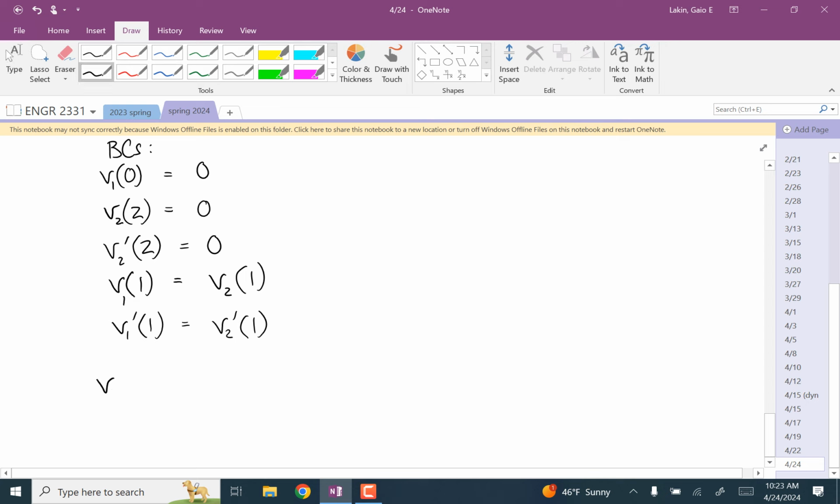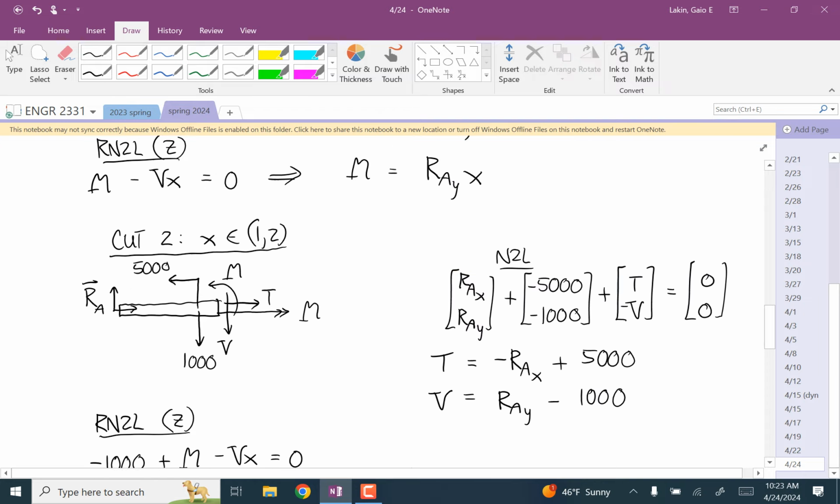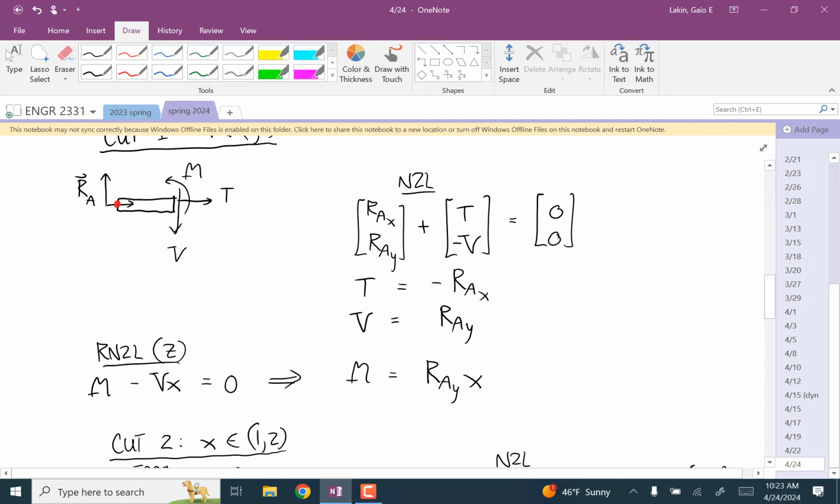So first we'll do the deflection. Let's just do, for cut 1, we'll come up with the functions. So we have that E I V double prime is equal to our bending moment function from cut 1.